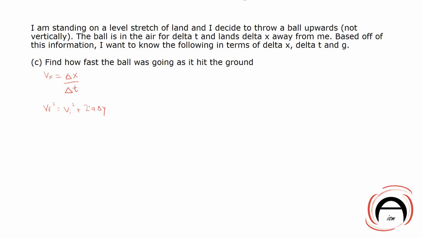Just to make the symbols a little bit easier, I'm going to think of it as this second half of the problem. Starting right here, if I was standing here and I threw something down and it hit the ground over here, what happened in this time?